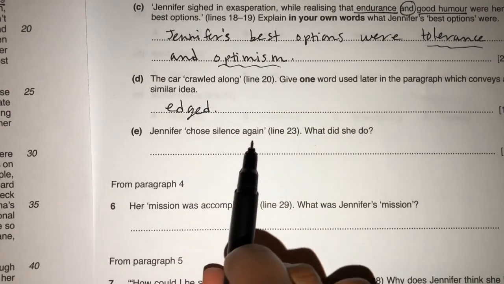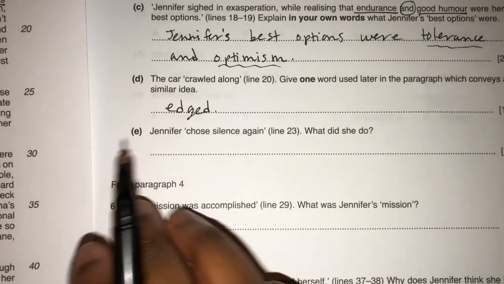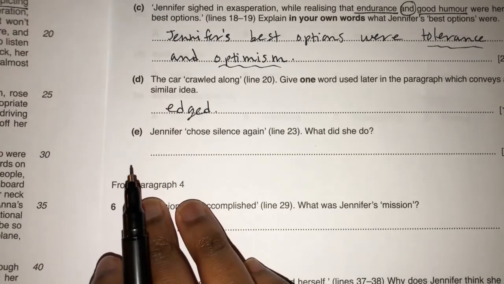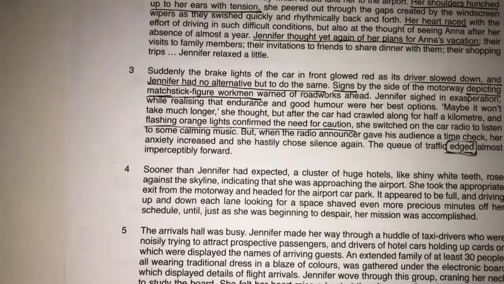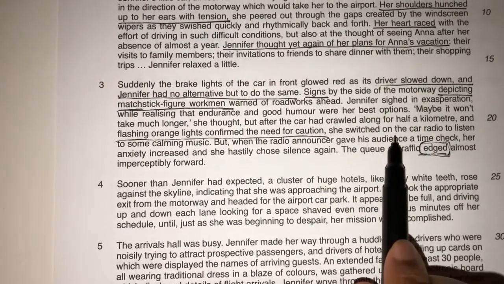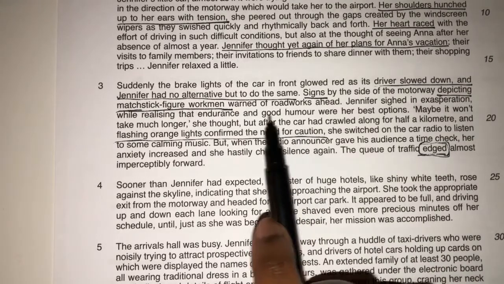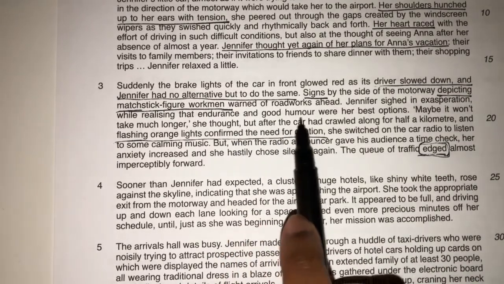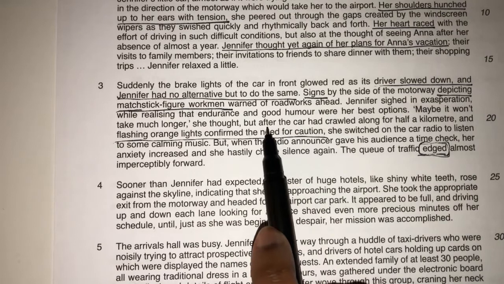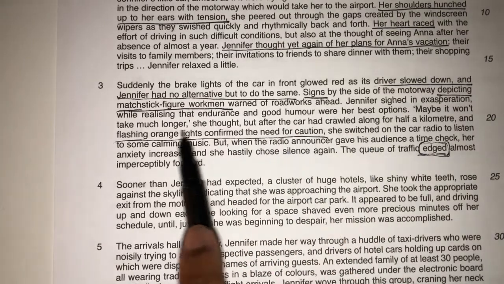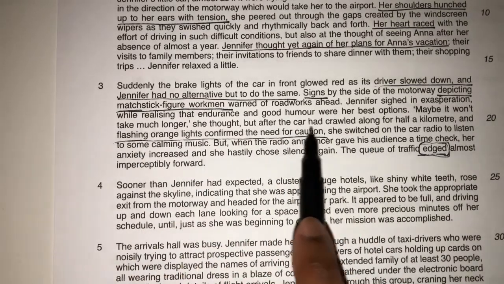Jennifer chose silence again. What did she do? Remember, she switched on the car radio, because here she said good humor and endurance, so she decided to remain positive. So maybe it won't take much longer.